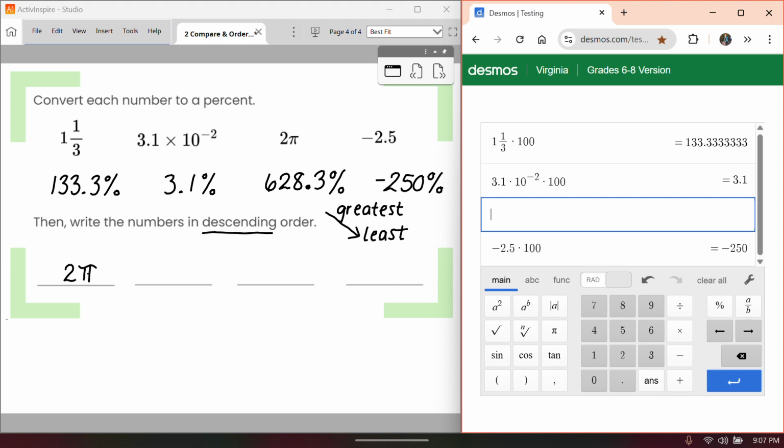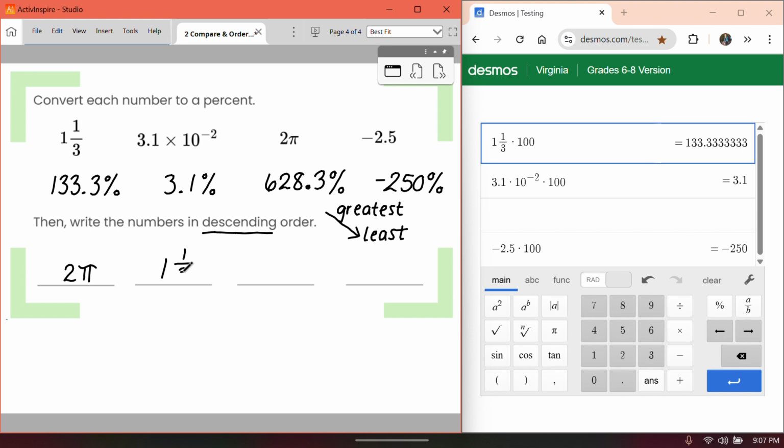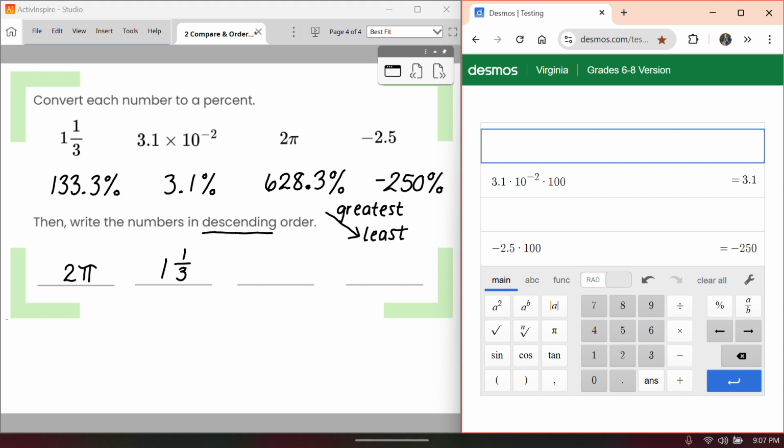And then I'm going to clear just that line out of Desmos. Then I'm going to look at the 3 that I have left and decide which one is the greatest. And this time it's 133%, which was originally 1 1/3. So I'm going to write that next and then clear it.